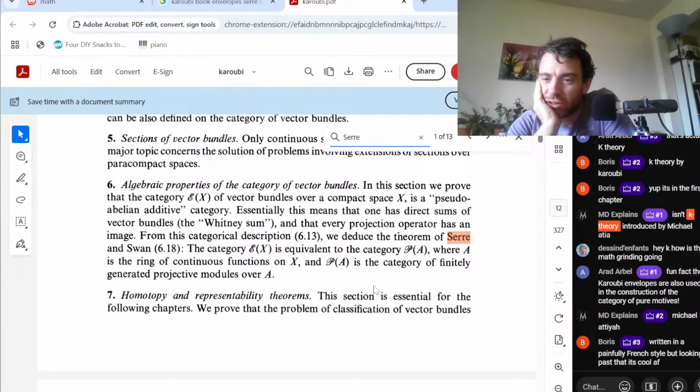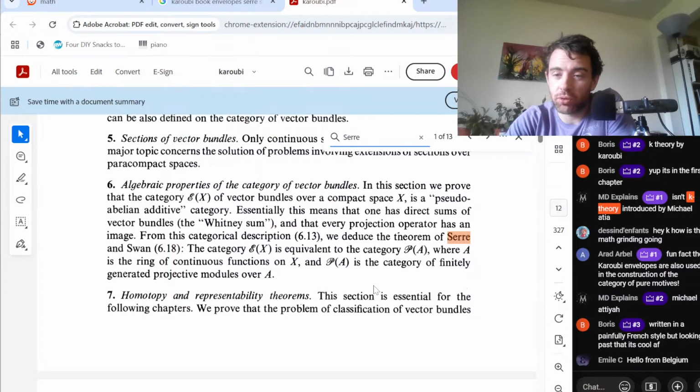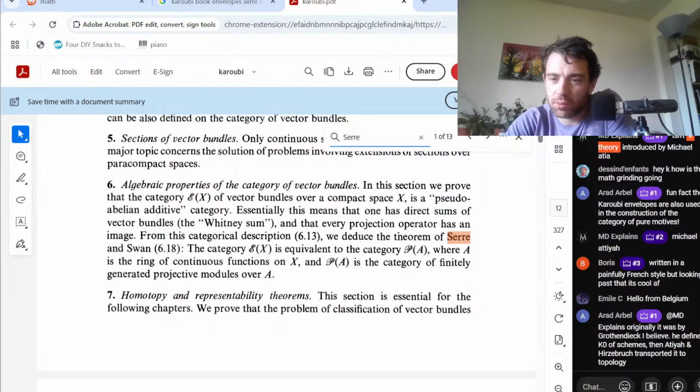Fun fact, Karoubi envelopes are also used in the construction of the category of pure motives. Huh? Hello, Emile. Hello, Belgium. Please say hello to all of Belgium for me if you can. Doesn't sound easy, but if you can.